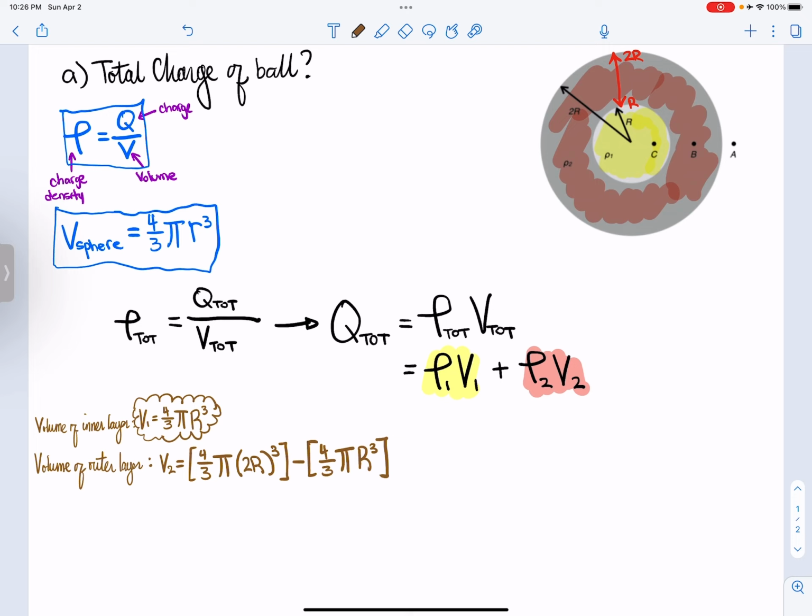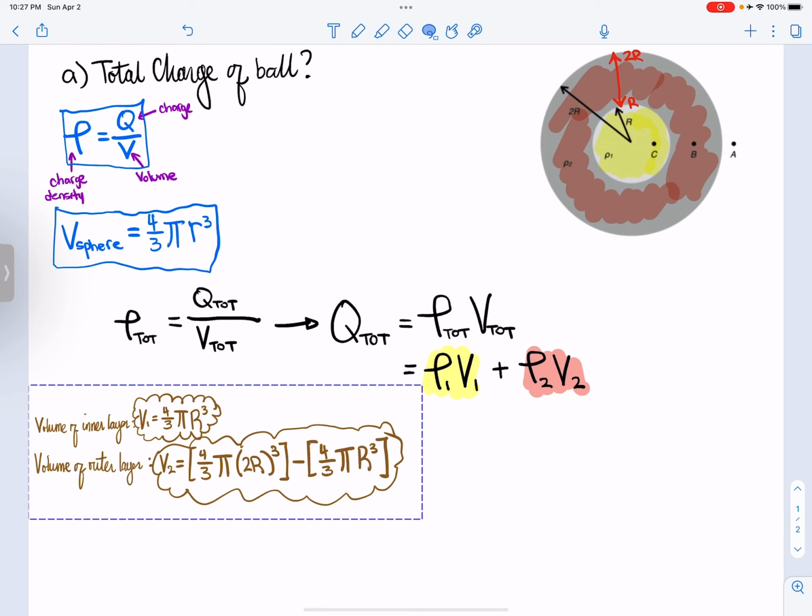Basically I was just subtracting the inner layer from the total ball. So that is the volume of my outer layer.